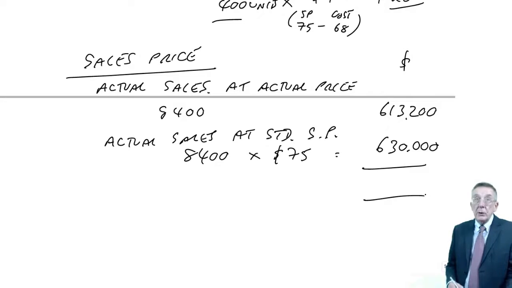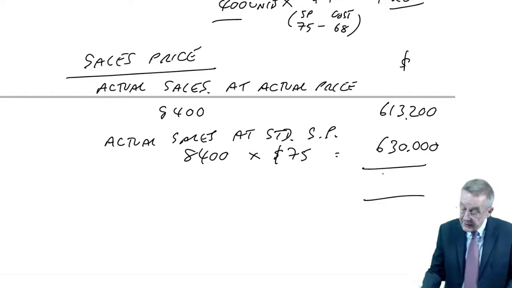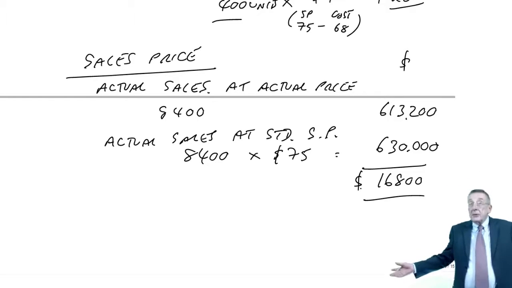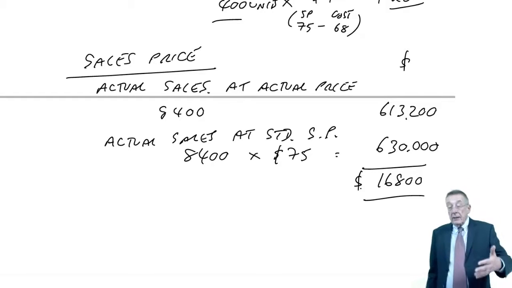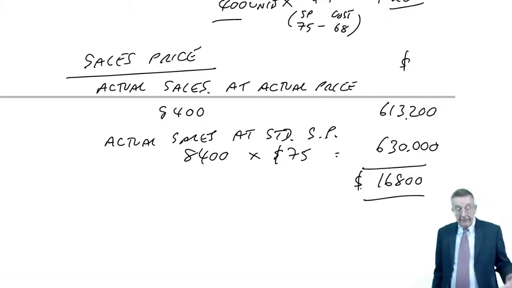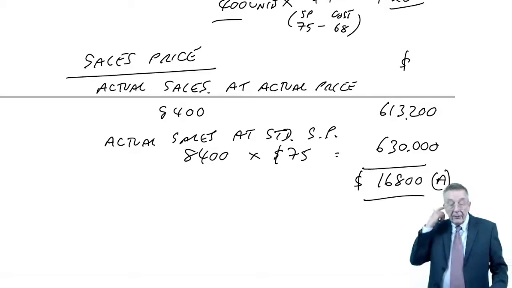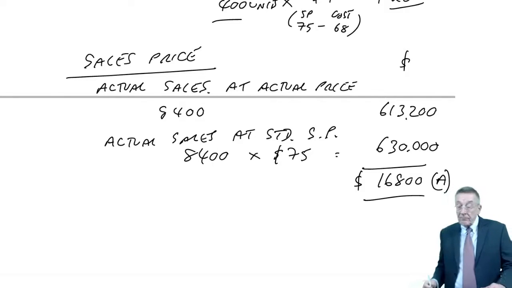And so the revenue is lower by 16,800. And again, if everything else was perfect, drop the selling price $1, the profit goes down $1. It's adverse. The profit would be 16,800 less.